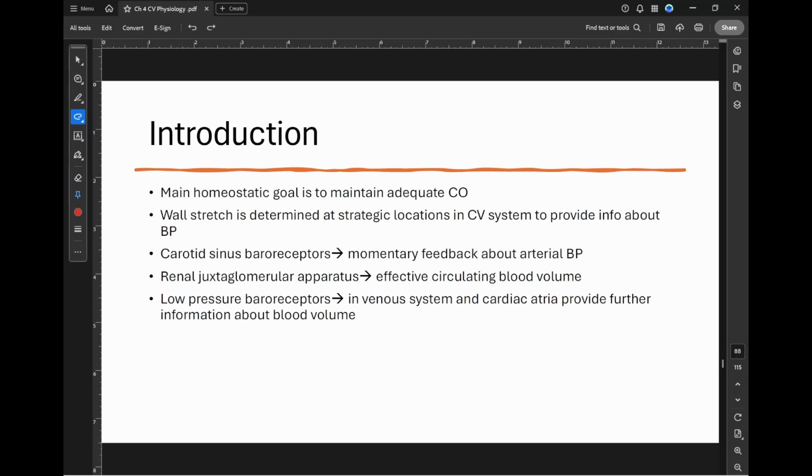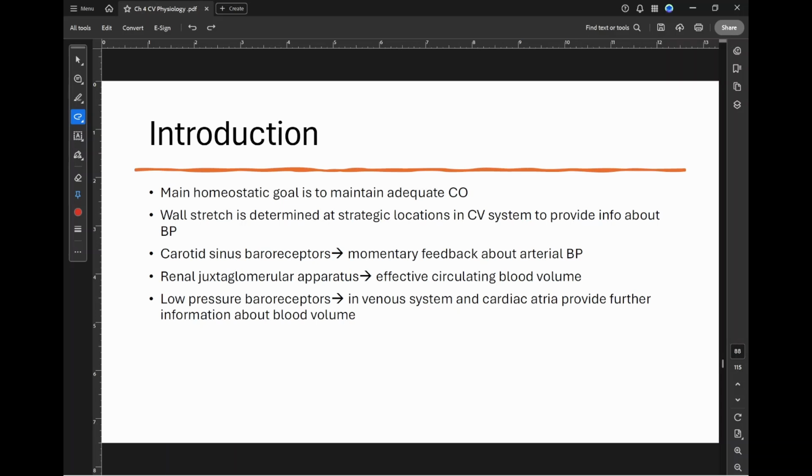The renal juxtaglomerular apparatus, obviously, is in the kidneys. And they sense circulating blood volume, which is an indicator of pressure, right? The more volume of blood you have, the higher the pressure.